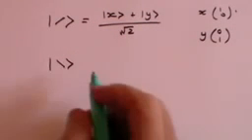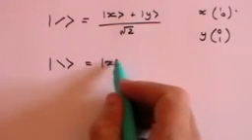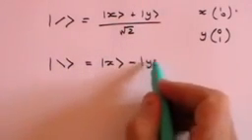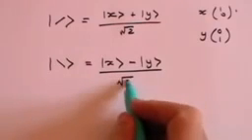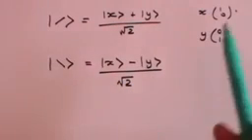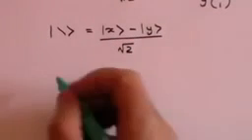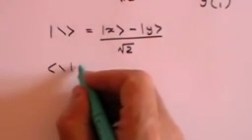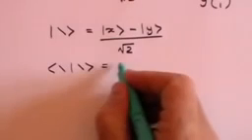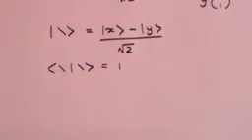And let's take a guess, which turns out to be right, that it is x minus y over root 2. And if you substitute these two in, if you do the inner product of backslash with backslash, you will indeed get 1, which of course is the acid test that this will work.